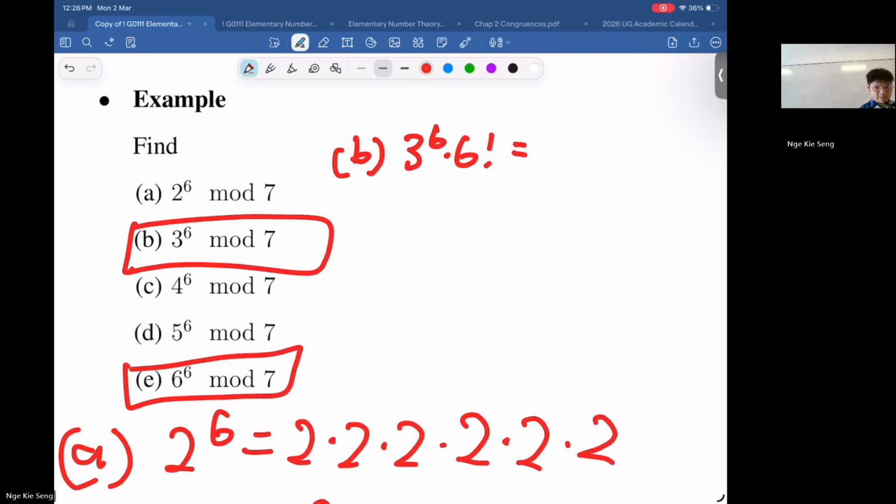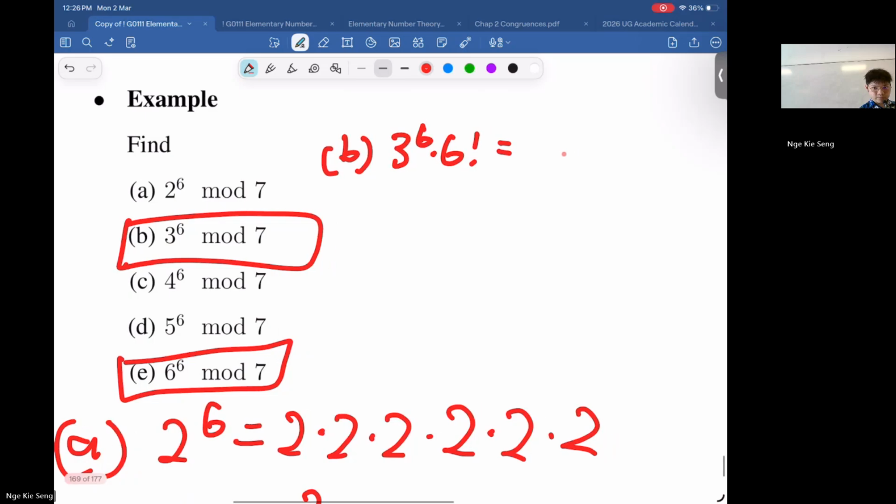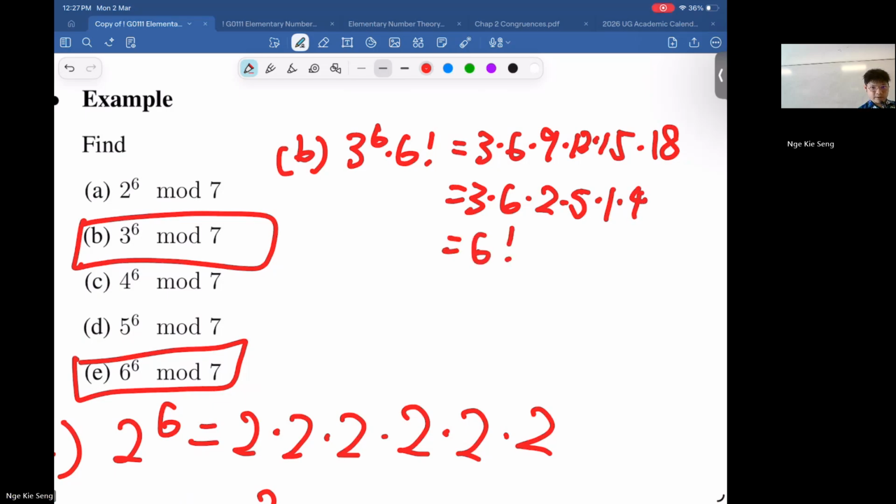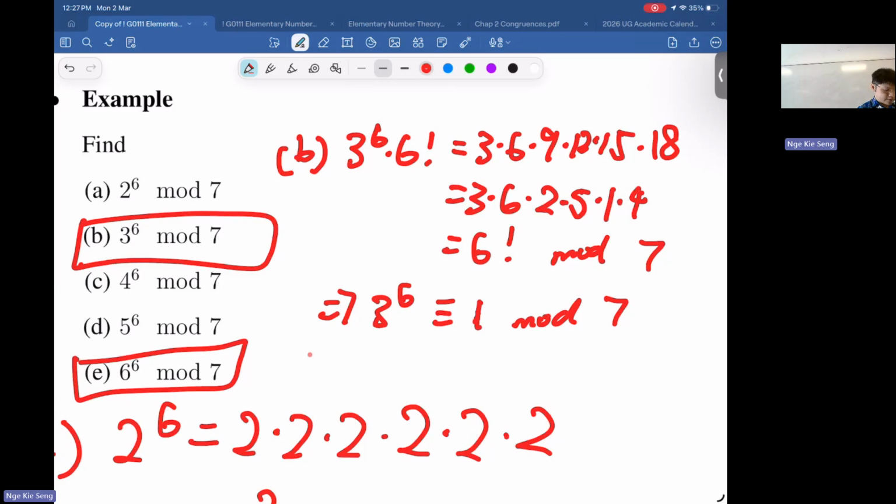For example, you will get 3, 6, 9, 12, 15, and 18. It's a permutation 3, 6, 2, 5, 1, 4, which equals 6 factorial. Then this also implies that 3 to the 6 is congruent to 1 mod 7. Very similarly for E.